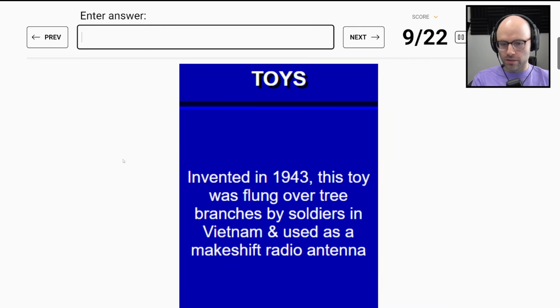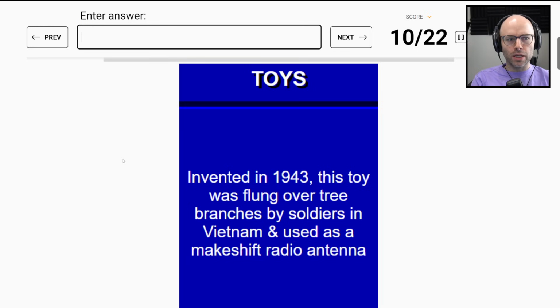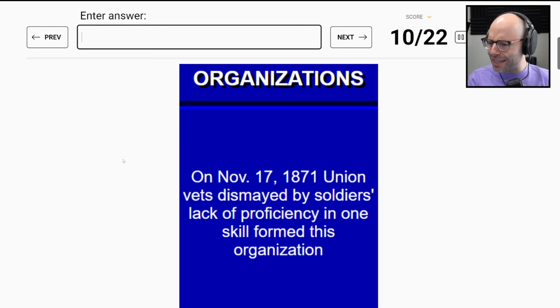Okay, there you go. Invented in 1943, this toy was flung over tree branches by soldiers in Vietnam and used as a makeshift radio antenna. What is a slinky? Oh, he's crazy! On November 17th, 1871, Union vets dismayed by soldiers' lack of proficiency in one skill formed this organization.